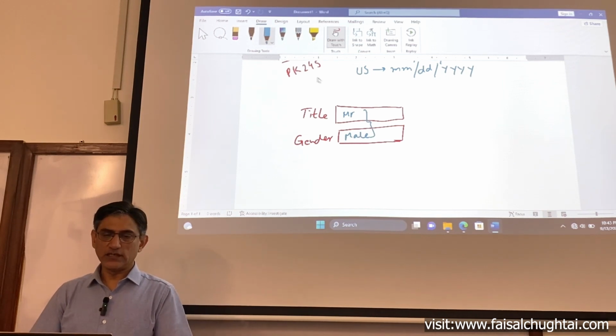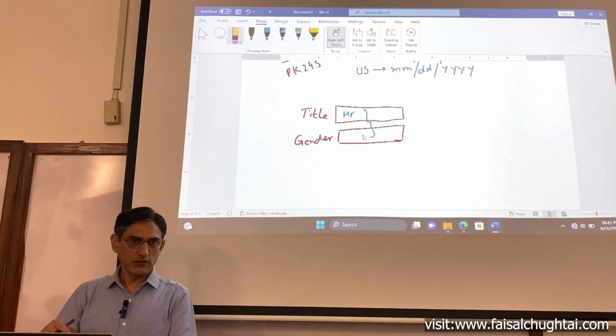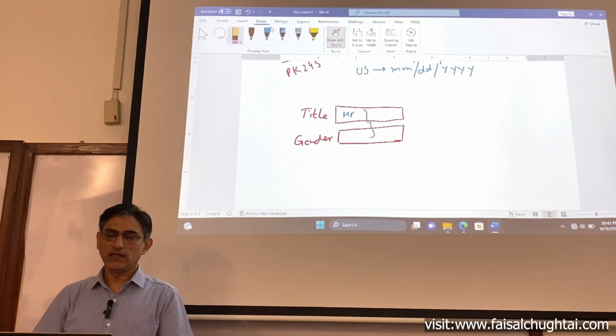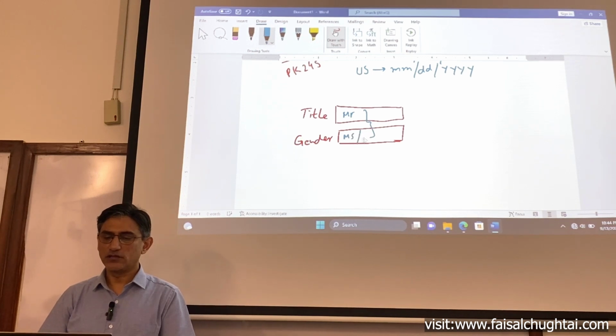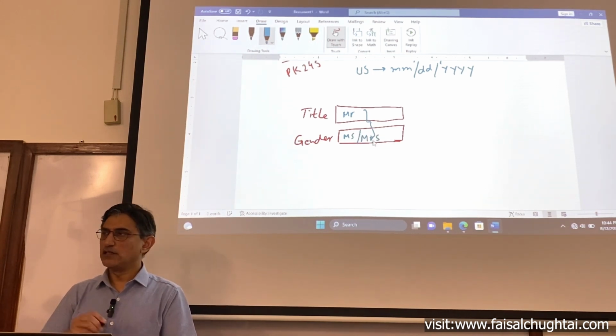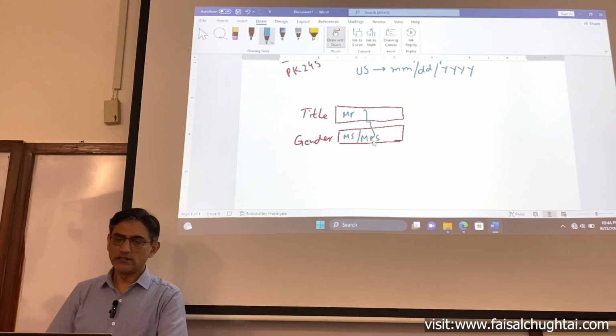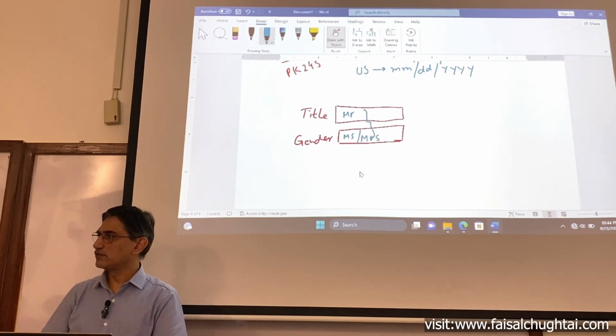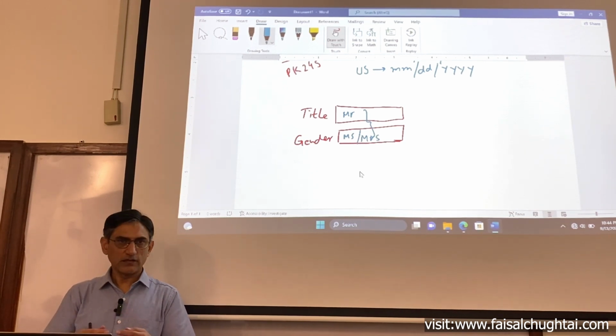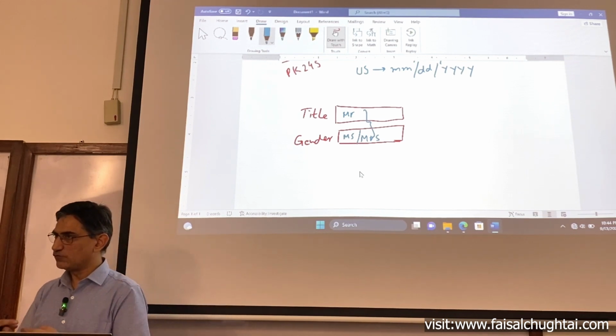Had this not been the case, for example, if somebody typed in Mr. in the title, but in the gender field typed in female, then there's a consistency issue. These two do not logically relate. So here is where the consistency check would come into play.